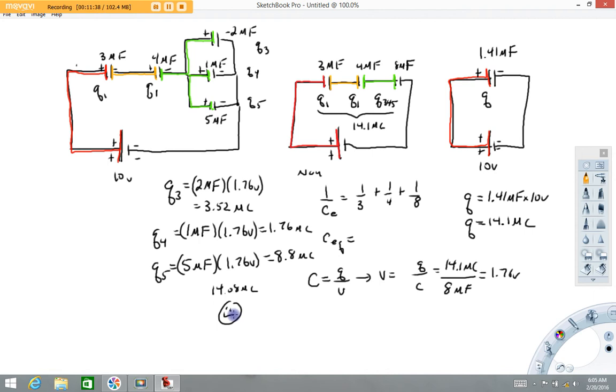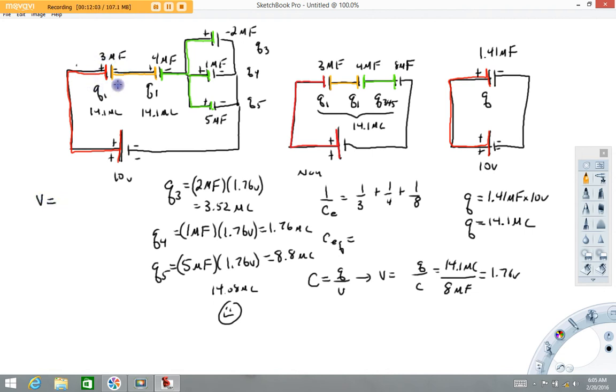We now know the charge and potential on all three of these. Getting back to these guys, we already know the charge on them from right here, 14.1 microcoulombs on both of them. I'll go ahead and write that down. The only thing to calculate now are the voltages. So remember, voltage is charge over capacitance.